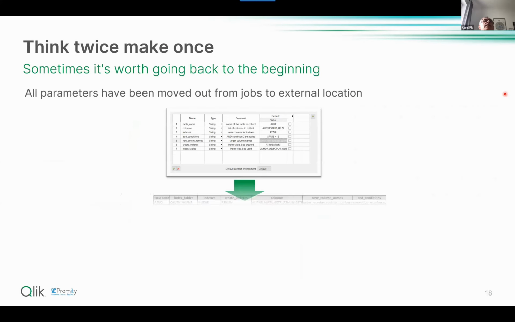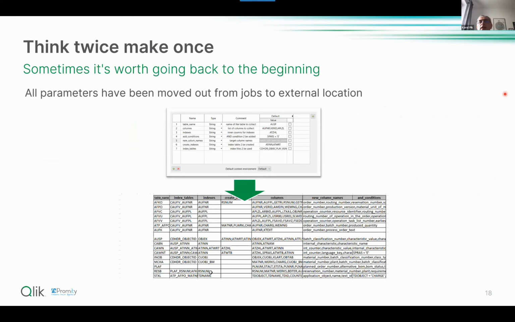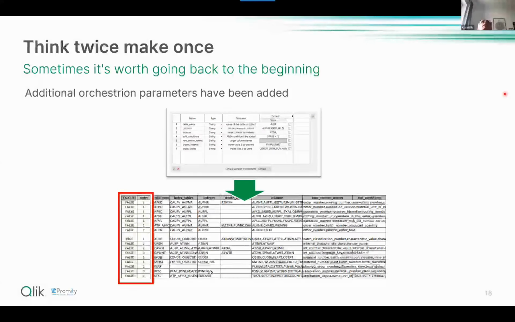That allowed us to create some kind of parameterization table, which consists of the table name, index names, if there was an index, because as you remember, I hope, there were other jobs which were containing the time-related queries and others. On top of that, we've added some kind of control variables, which helped us to simply control jobs execution.